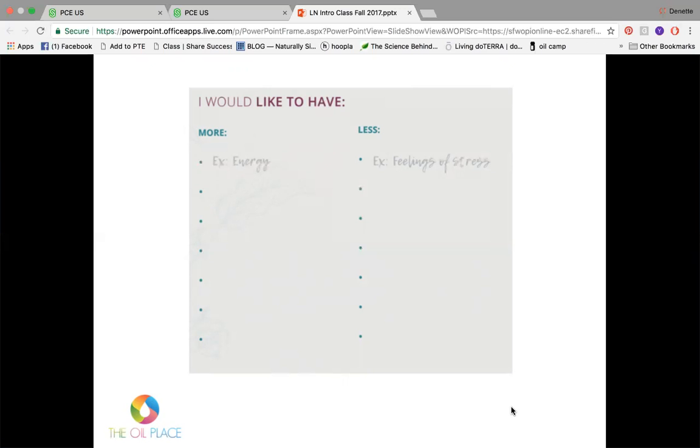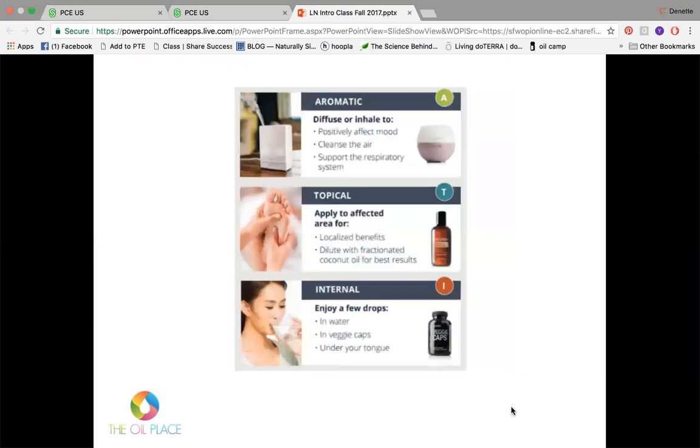So a lot of the oils that we're going to talk about today and products are going to cover some of those issues. Like I mentioned before, if there's something that I haven't covered, make sure you write it down, because I definitely want to make sure that you're getting the information that you need, because this class is to help make you feel empowered and comfortable shifting over to natural medicine.